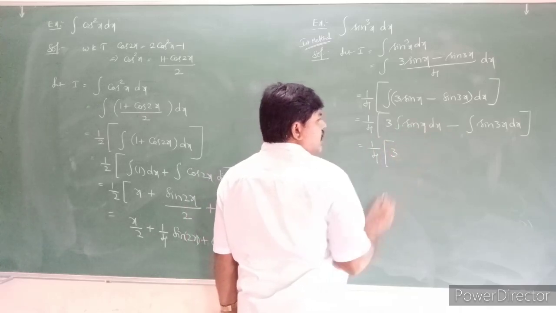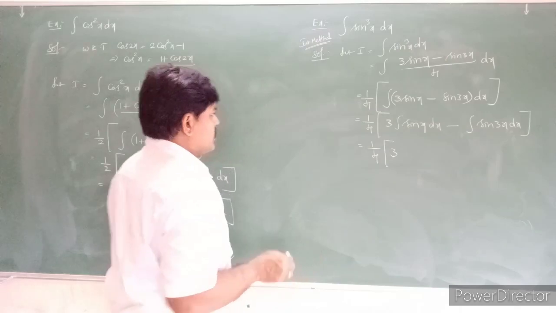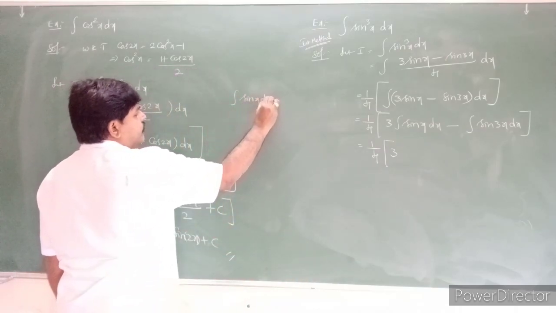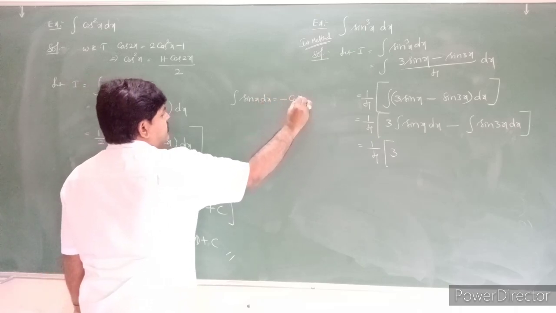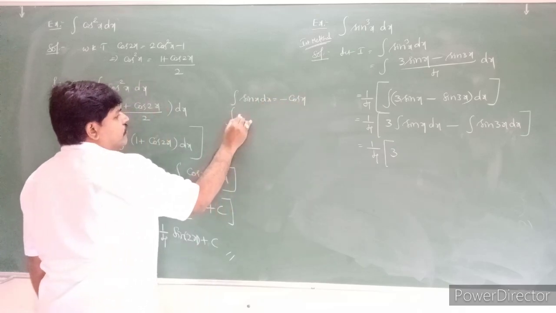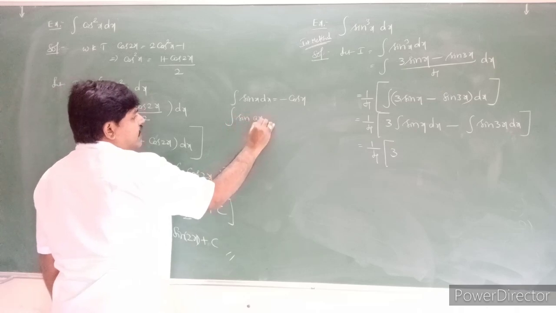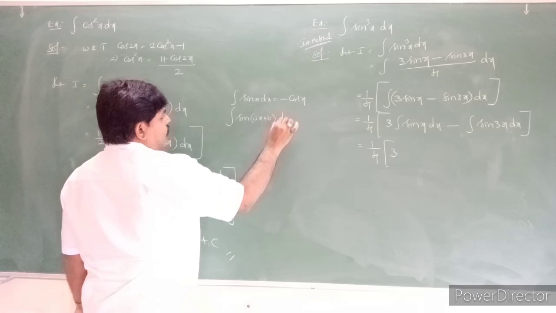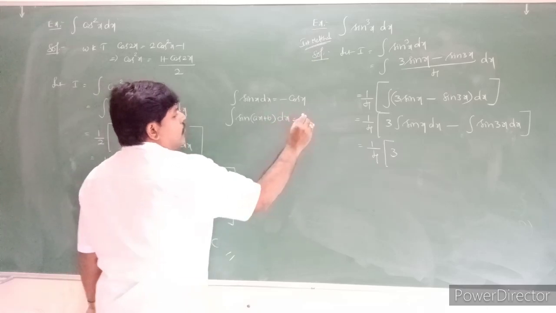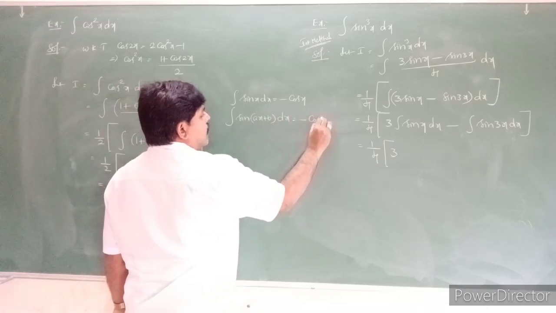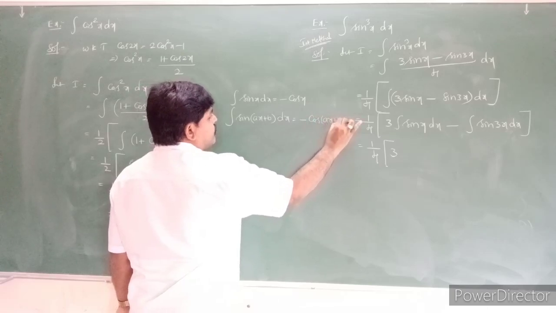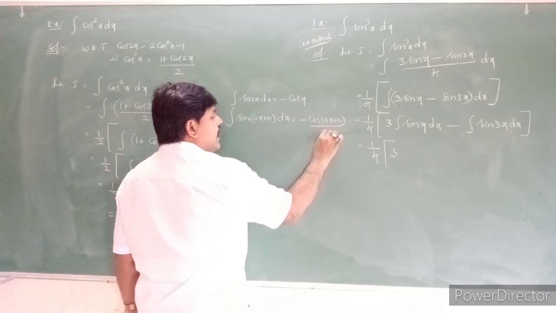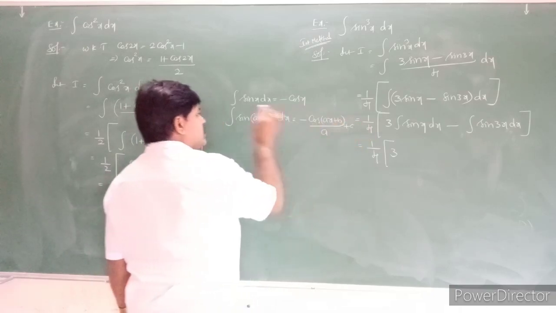3 into the integral of sin. See the formula once again, students. The integral of sin x into dx is equal to minus cos x. Similarly, the integral of sin of ax plus b is minus cos of ax plus b divided by the derivative of ax plus b, which is a, you will get in the denominator, plus c.